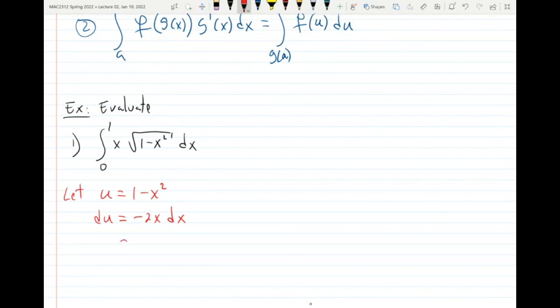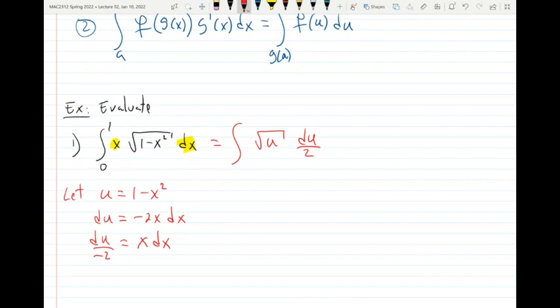So that means that x dx, why am I doing that? Because that's what I have here outside. You see, x dx equals du over negative 2. So now we are ready. So this is equal to square root of u, and then x dx becomes du over negative 2.